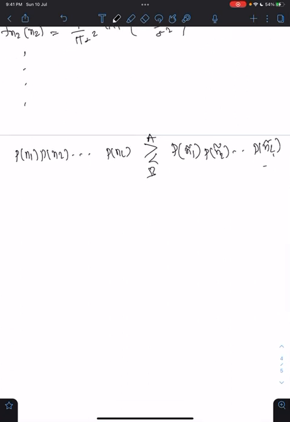If you do this algebra, the deciding rule will boil down to this equation: sum over i equals 1 to L of yi hi star, greater than or less than 0, for A or B.